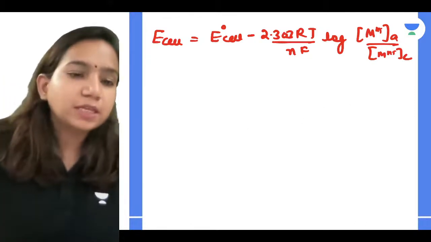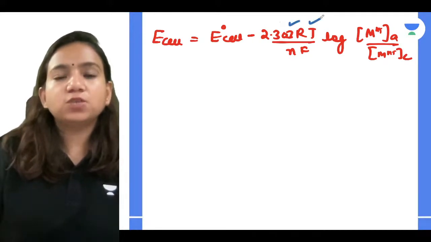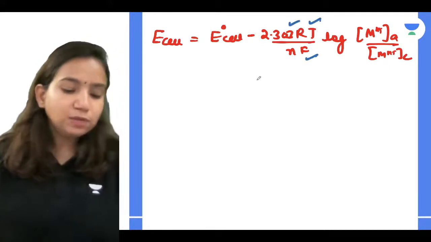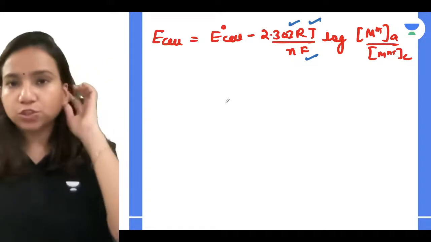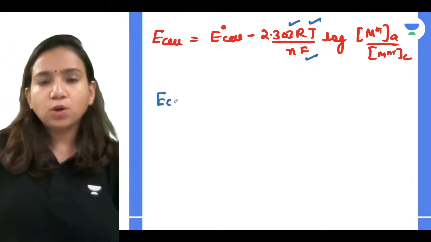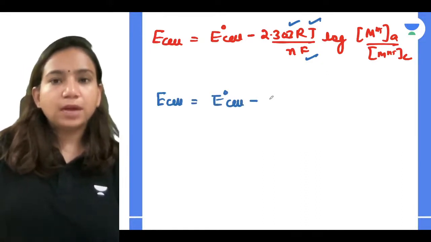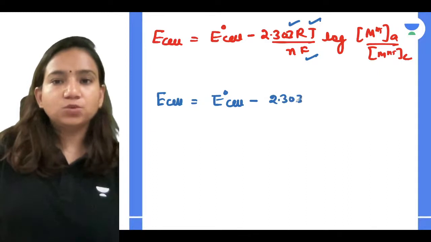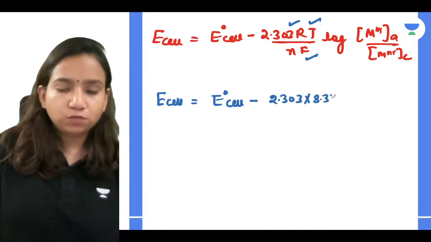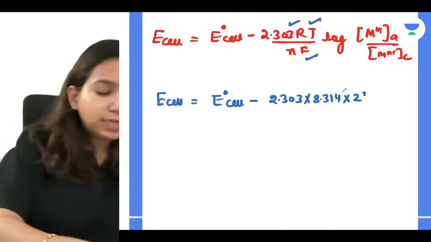Now remember, guys, your R value, is it constant? Yes, T is constant, F is constant. So can't we simplify it and use it in the equation, which is going to make my calculations easier for the numericals? So what I can write is, E cell is equal to E naught cell minus 2.303, R is 8.314, T is, what is the temperature that I consider?